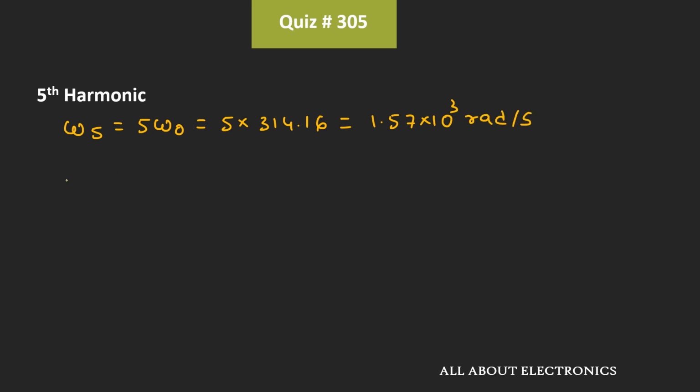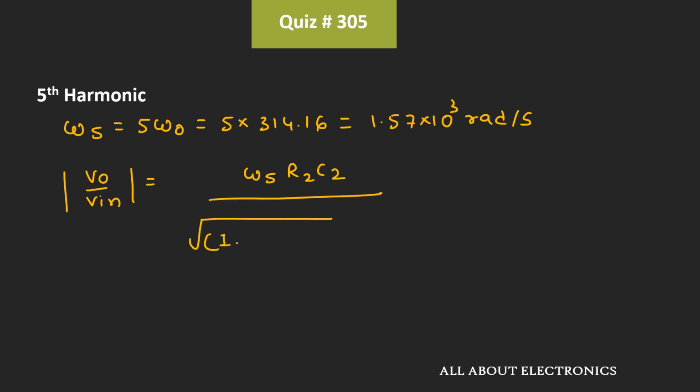So once again, for the fifth harmonic, this Vout divided by Vin can be written as omega 5 times R2 times C2 divided by square root of 1 plus (omega 5 times R1 times C1) whole square, times square root of 1 plus (omega 5 times R2 times C2) whole square.